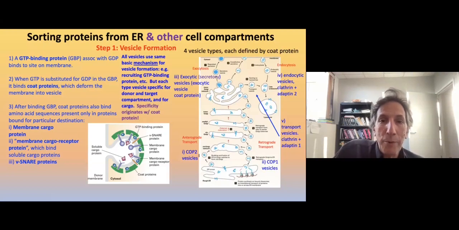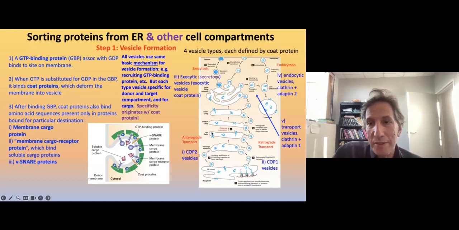So another important thing to tell you then is the names of the different kinds of vesicles. They're all pretty much named after their coat protein, like COP2. The retrograde vesicles use the coat protein COP1, similar name, but a different protein.